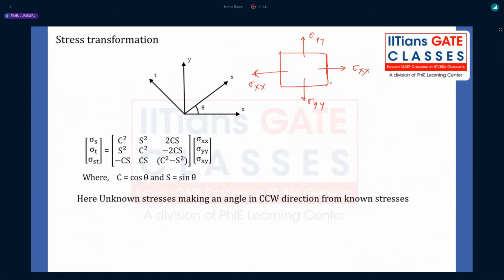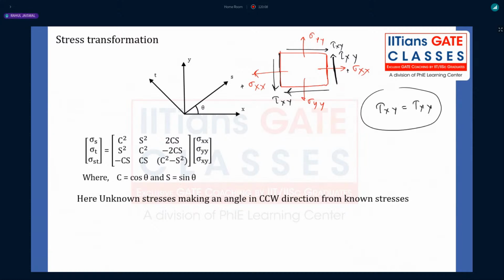Now, why am I writing this to be positive here? There should not be any doubt: negative x face, negative x direction, negative negative will become positive. Here I'm just taking tau xy like this.